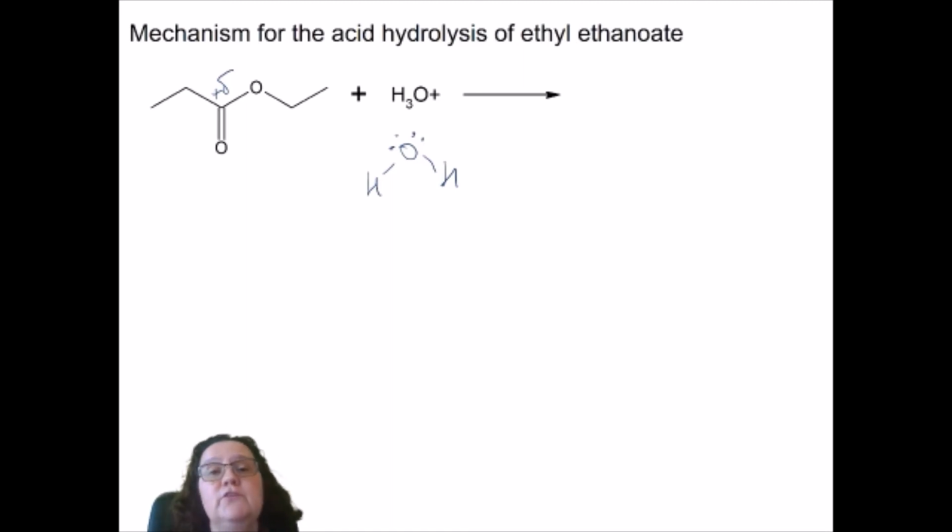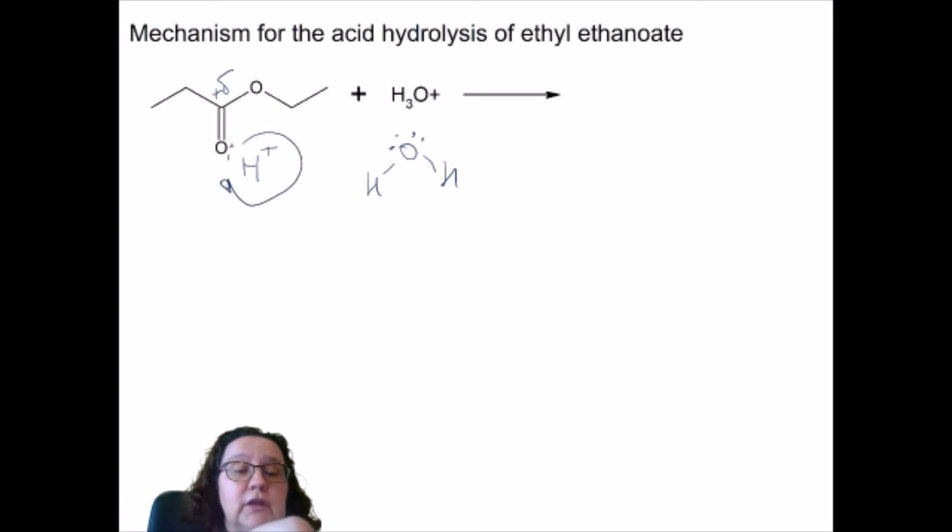So a sensible way of doing this would be by protonating the oxygen of the carbonyl group, and just to put some strain in that carbon double bond oxygen to make the oxygen pull more charge from the carbon and increase that partial positive charge.